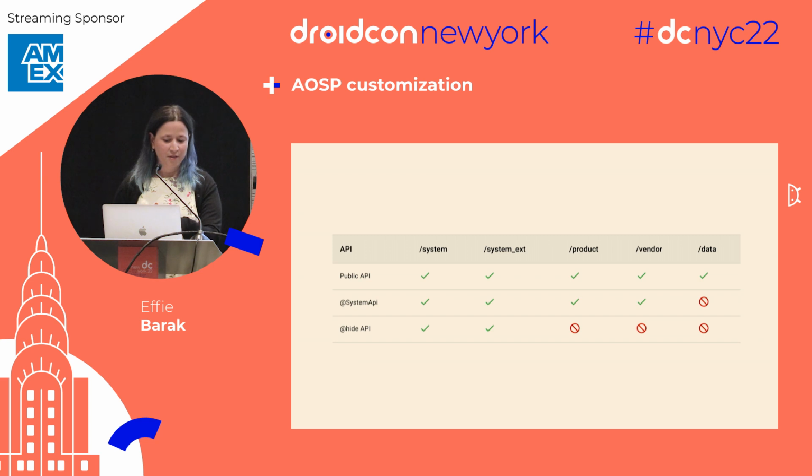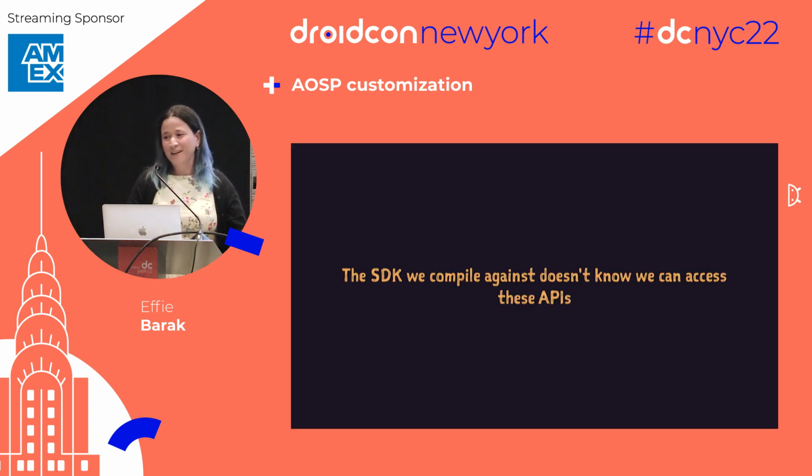But wait a minute. Here, look, it says system API, vendor. I should be able to use these APIs. I don't need to resort to tricks that we all know. Anyway, the reason for that is that the SDK we compile against doesn't know we can access these APIs.